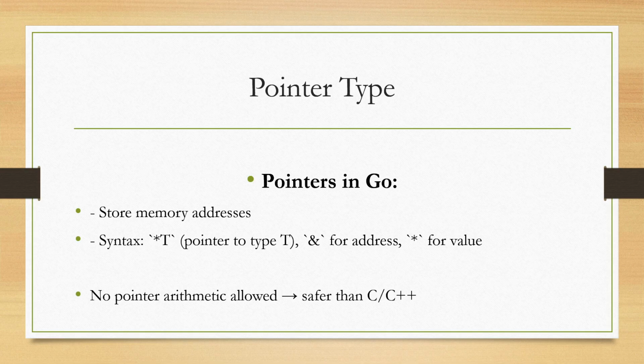So if you have a variable x and you want its address, you will do &x. Dereferencing: once you have a pointer, you can access the value at the memory address using the star. For example, if p is a pointer, then *p gives you the value stored at the address p points to.